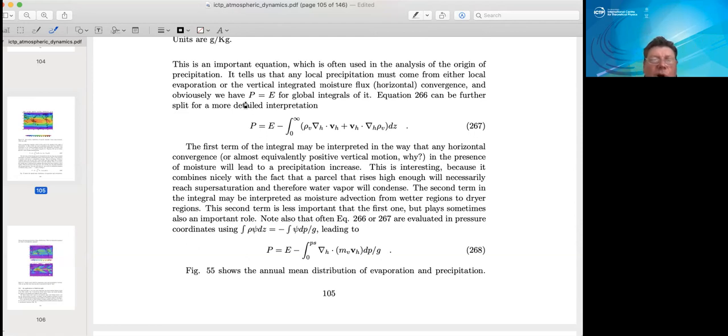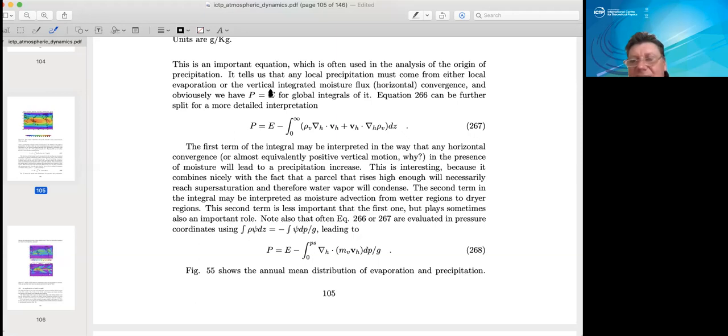So for the whole globe, all our precipitation, integrated not only in the vertical now, but also in the horizontal direction, has to be equal to the evaporation. This is a good test. You can test this for reanalysis data and for any data set. That has to be the case.